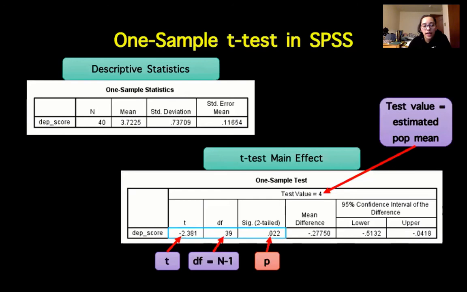This tells you what the confidence interval is for the mean difference between a given sample mean and what the known population mean would be. Okay, so you can see this mean difference does in fact lie between these two values.